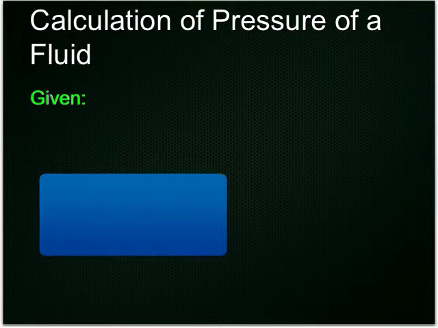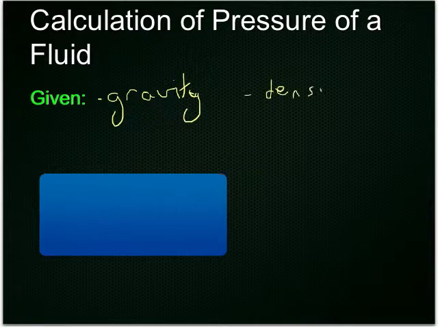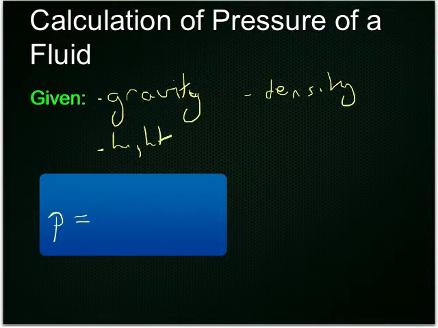So how do we calculate this pressure? Okay, so if we are given gravity, and remember that's measured in meters per second squared, we're given the density of the fluid, and we're given the height of the fluid, then the formula is pressure equals rho, density, multiplied by gravity multiplied by height.